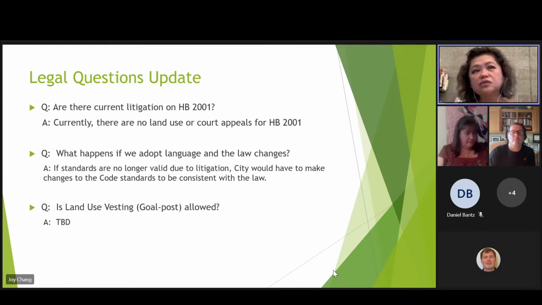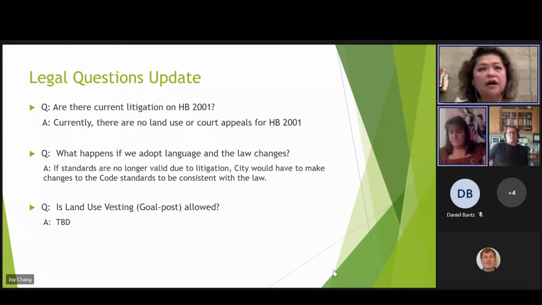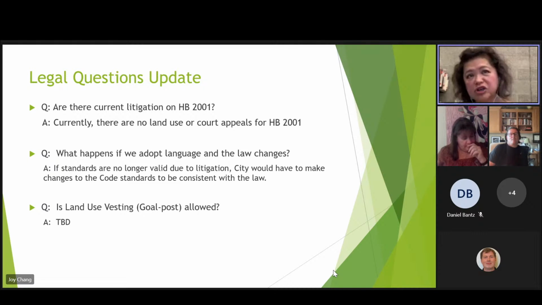Then the second question was, what happens if we adopt language and the law changes? Just like any other standard, if it's no longer valid due to litigation or legislative changes, the city would have to make changes to the code to be consistent with the law, just like changes to marijuana regulations or accessory dwelling units.